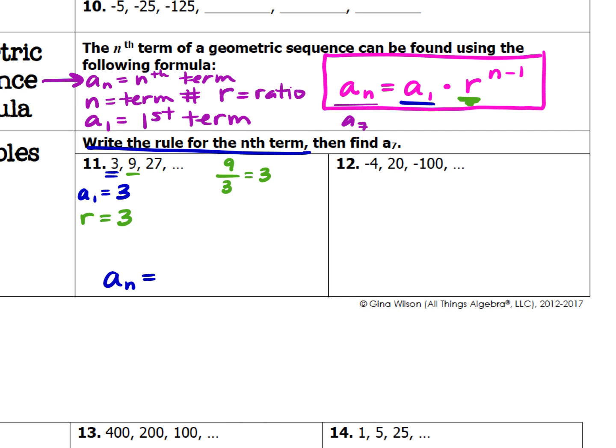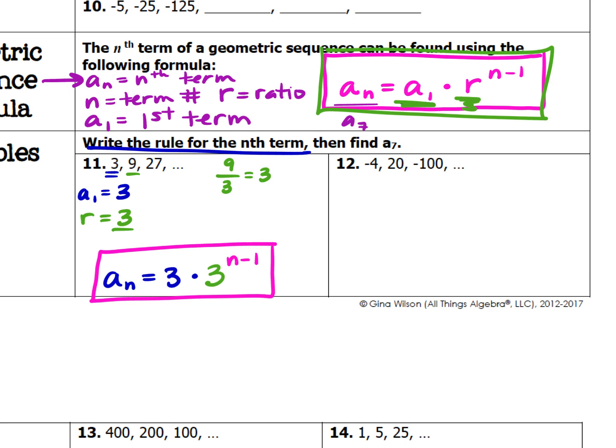So I'm going to plug into this formula, a sub n equals a sub 1, which we said was 3, times the r, which we said was 3 also, to the n minus 1 power. So when they ask for the rule, there should be no number plugged in for n, okay? This is the rule.